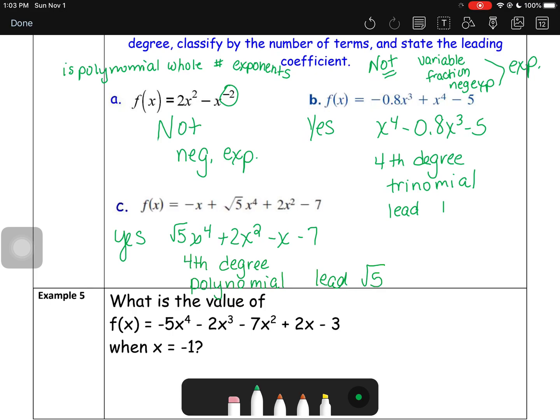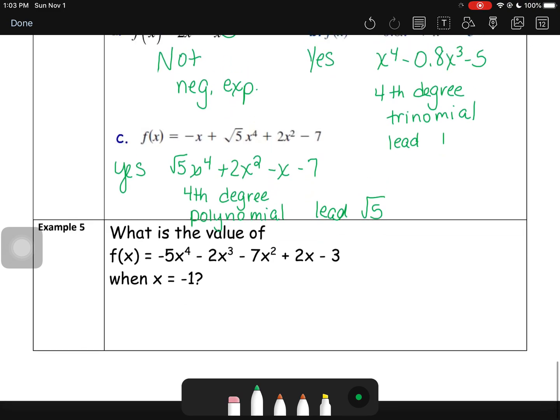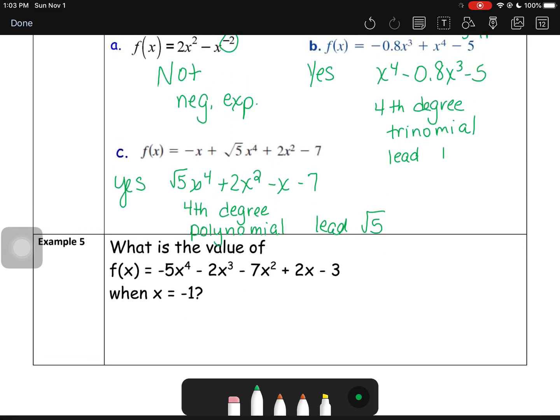So what is the value of this particular polynomial? This is substitution. So what we want to do is substitute the negative 1 in for the x and find our solution. So we have negative 5, negative 1 to the 4th power, minus 2, negative 1 to the 3rd power, minus 7, negative 1 to the 2nd power, plus 2 times negative 1 minus 3.